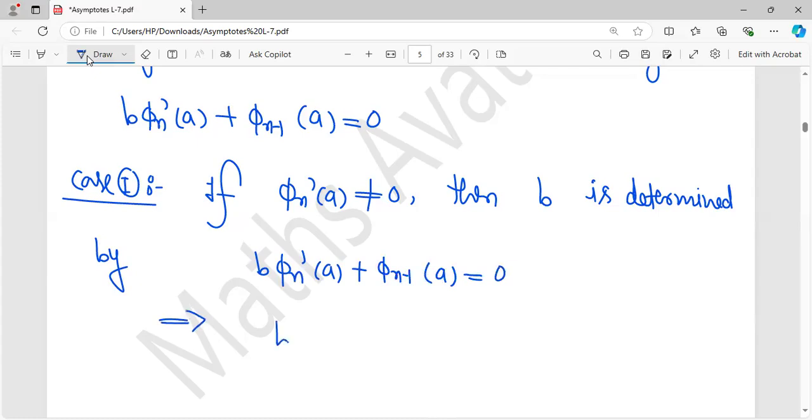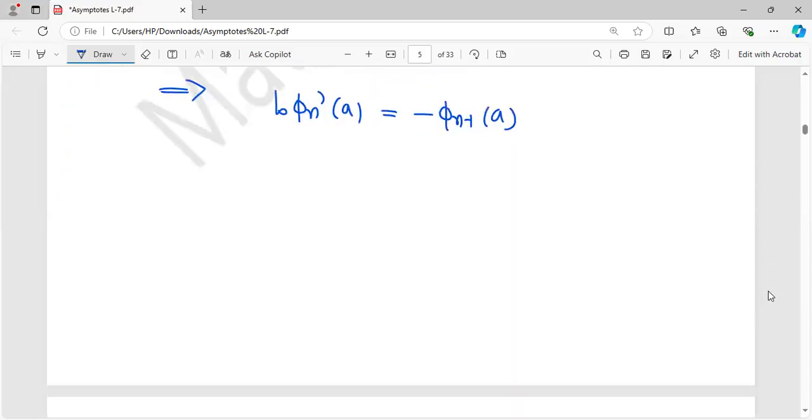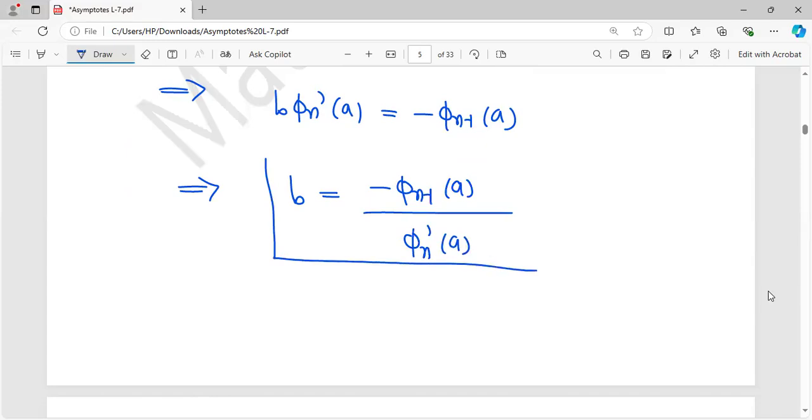This implies b phi n dash (a) is equal to minus phi n minus 1 (a), because phi n dash is not 0, so we can divide. b is equal to minus phi n minus 1 (a) upon phi n dash (a). So b can be determined in this way.